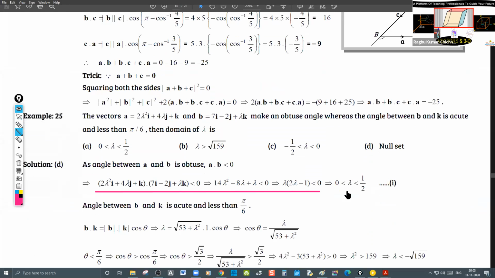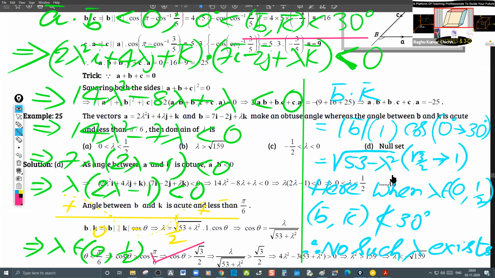Lambda is lying between 0 and 1 by 2, and the angle between B and K is acute and less than pi by 6, and hence B dot K is equal to mod B bar mod K bar cos theta. So lambda is equal to 53 plus lambda square. I wrote 1 minus, I think. Something I wrote wrong there. Just let me check. 53 minus I wrote. This is wrong, please. This is 53 plus lambda square.